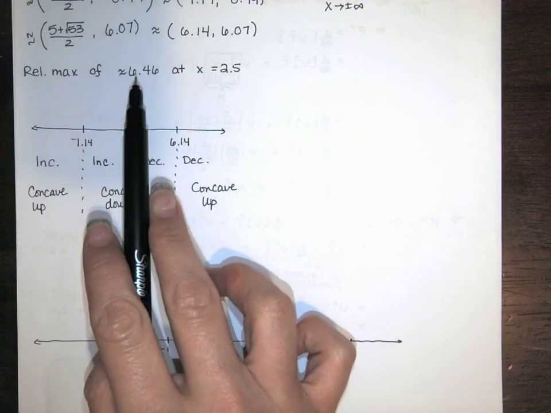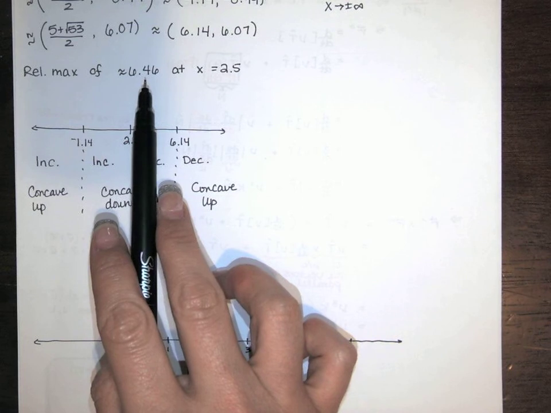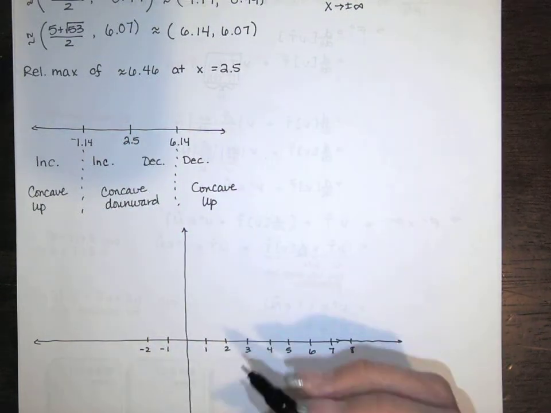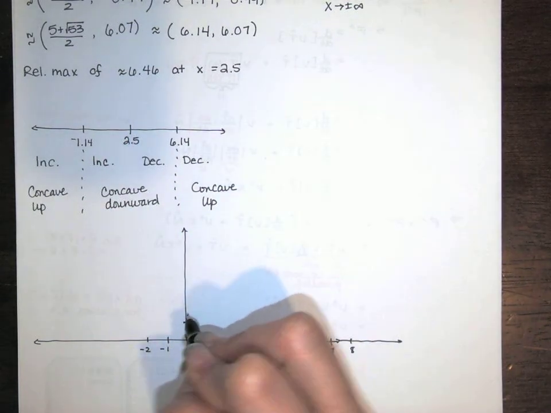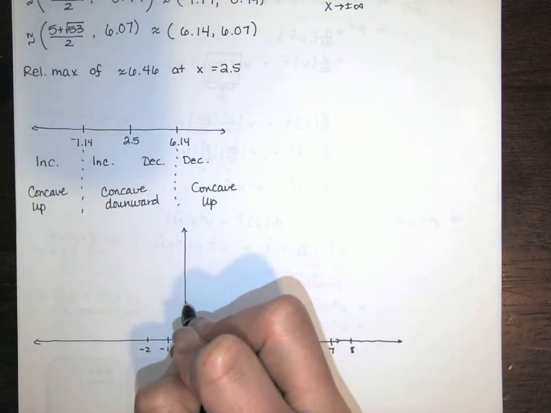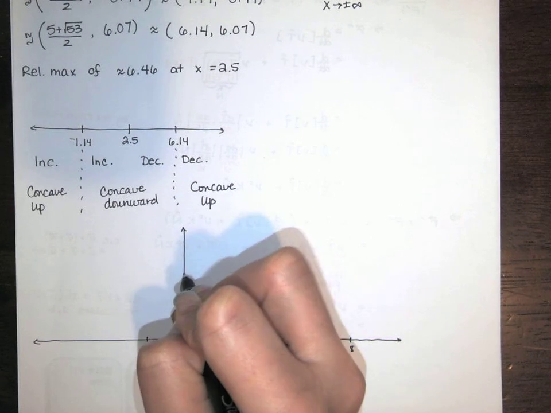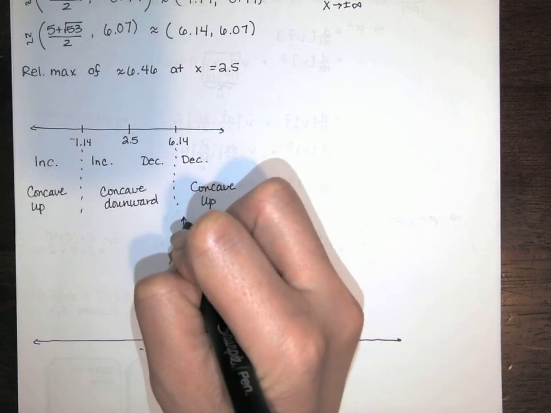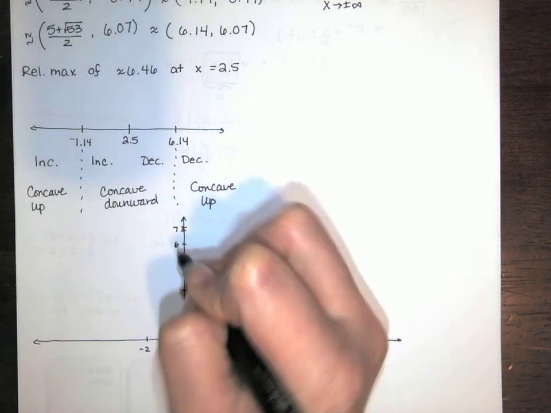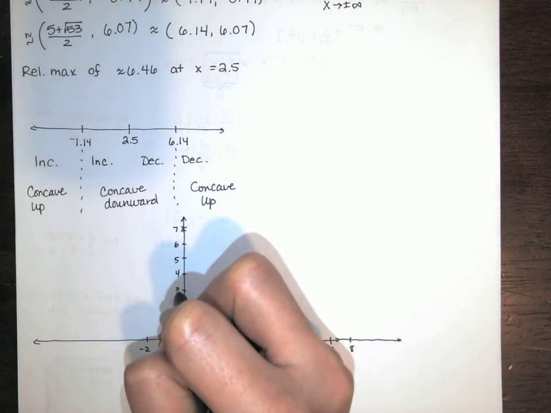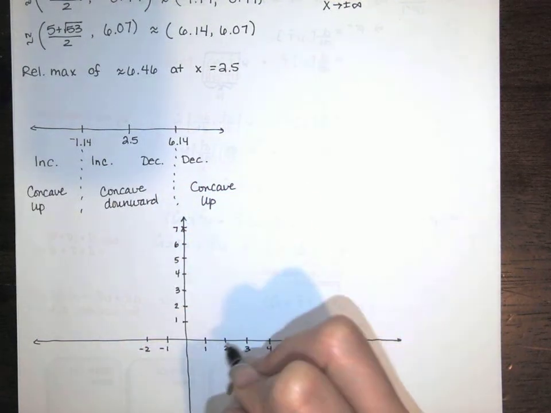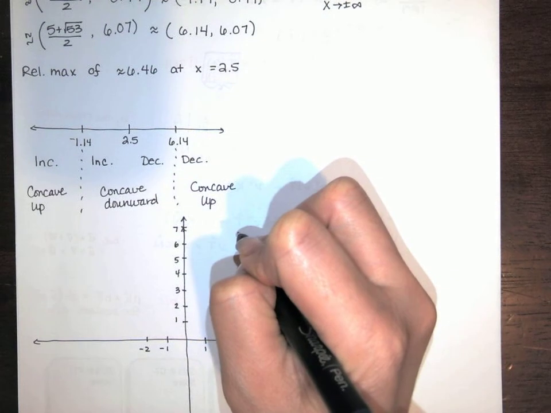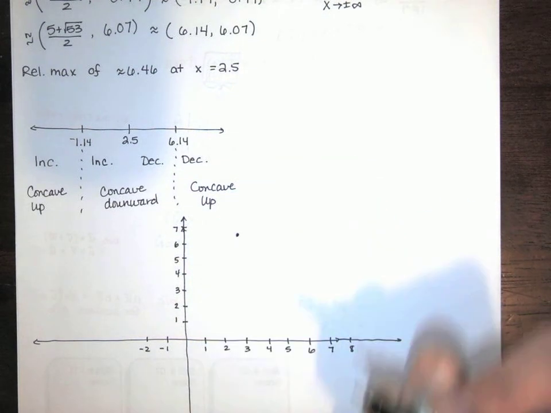We have a relative max of approximately 6.46 at x equals 2.5. So at 2.5 we get about 6.46.